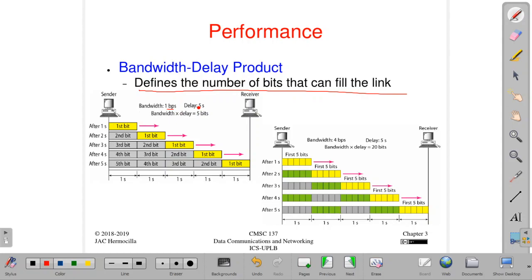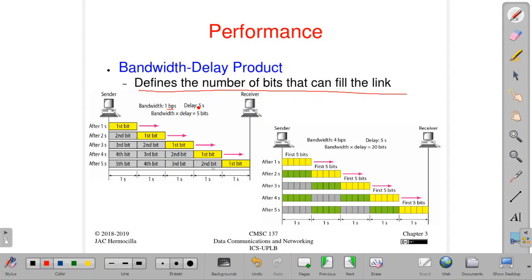The first bit after 1 second is here, then after second 2, it will be at this point, and so on and so forth. So only 1 bit can fill the link.